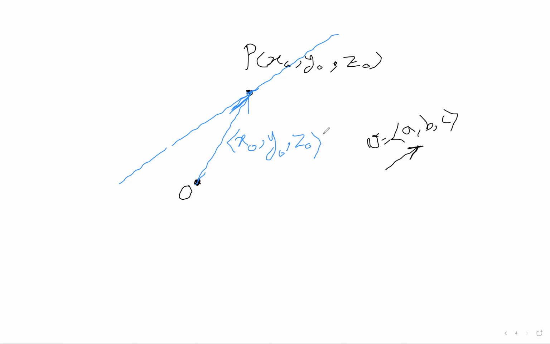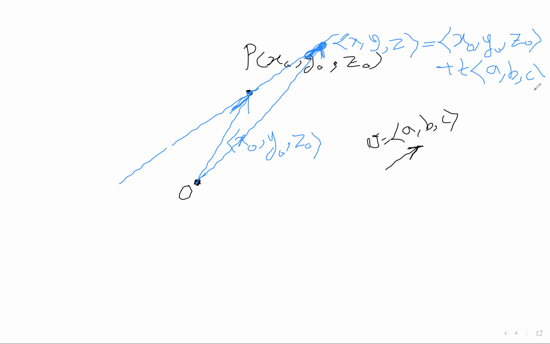Every other point, this point here, as a vector x, y, z, will be the initial vector x0, y0, z0 plus t times the direction vector a, b, c.